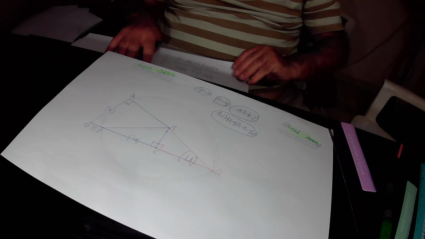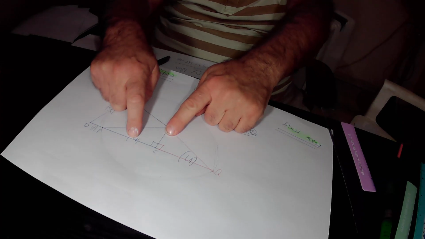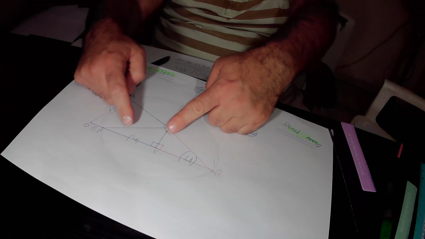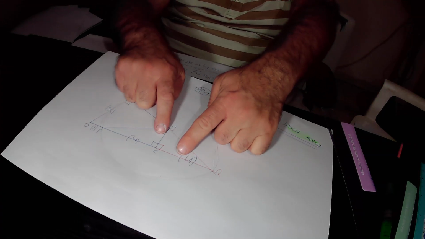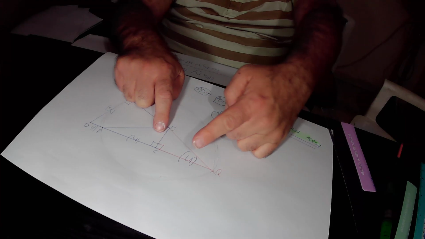This is to say, we should prove that those two sides and the angle that is included between those two sides, that is the right angle BCP, are correspondingly equal to those two sides, and the angle that is included between those two sides is also a right angle, this right angle BCQ.